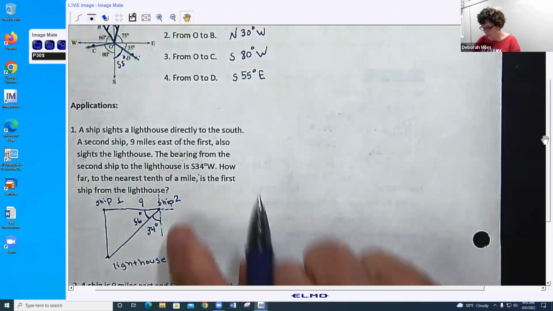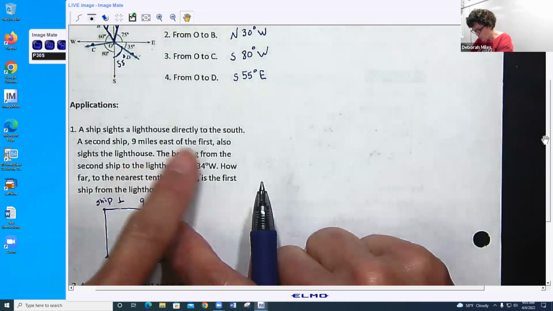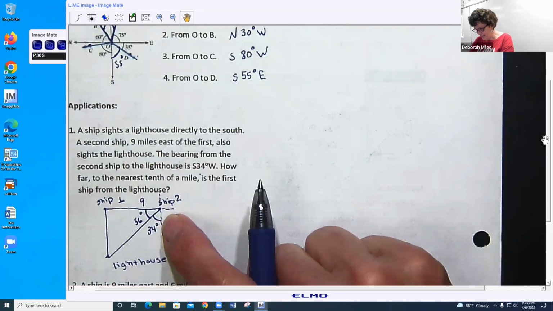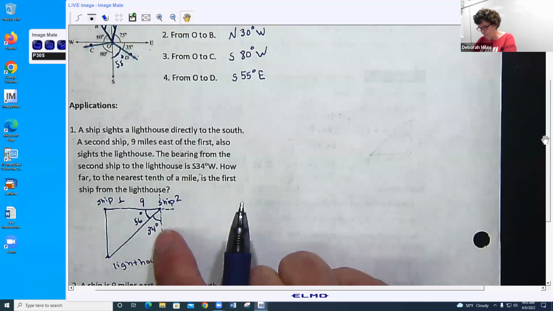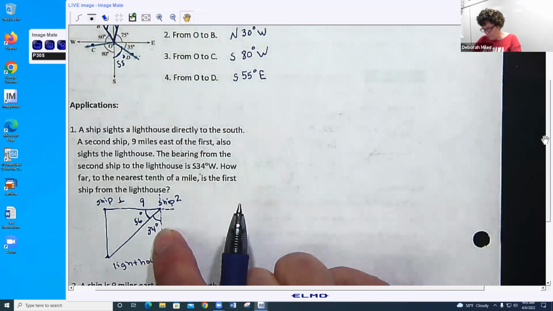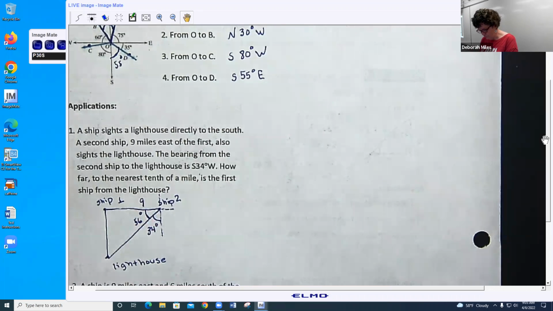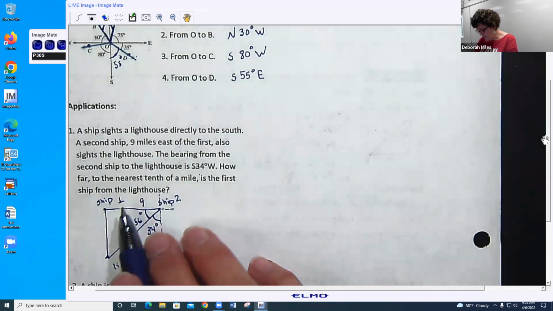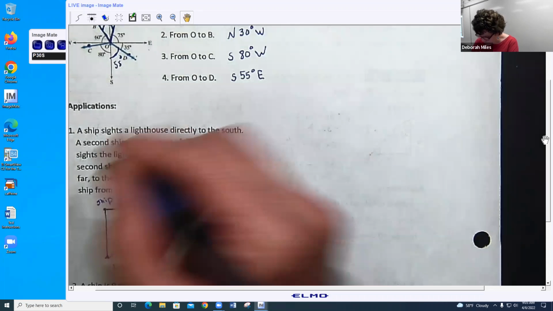It's very important that you always start your bearing at wherever it says the bearing is from. So start your bearing at the second ship to the lighthouse. That bearing is 34 degrees to the left of south. And then you can find that interior angle. And then you can see what we're looking for. How far to the nearest 10th of a mile is the first ship from the lighthouse?